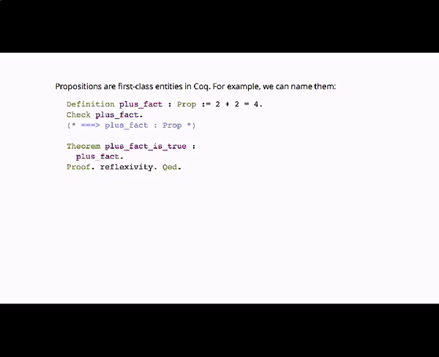So we can say Definition plus_fact := 2 + 2 = 4. And then later on, instead of writing out the proposition 2 + 2 = 4, we can use the name of the previously defined propositional variable.